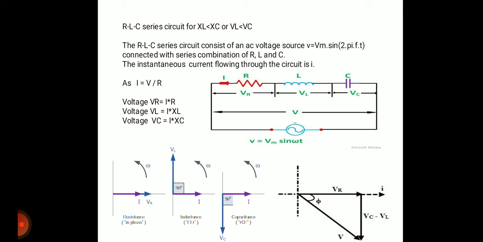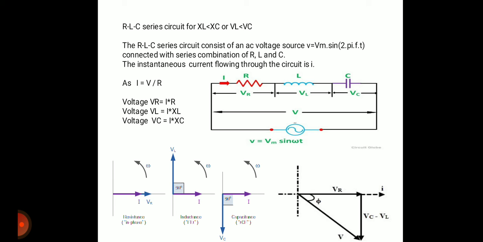The voltage phasor VL is drawn on the y-axis because the current flowing through the inductor lags the voltage by 90 degrees. So current is lagging and voltage is leading. That's why current is drawn on the reference axis and voltage is drawn on the y-axis.